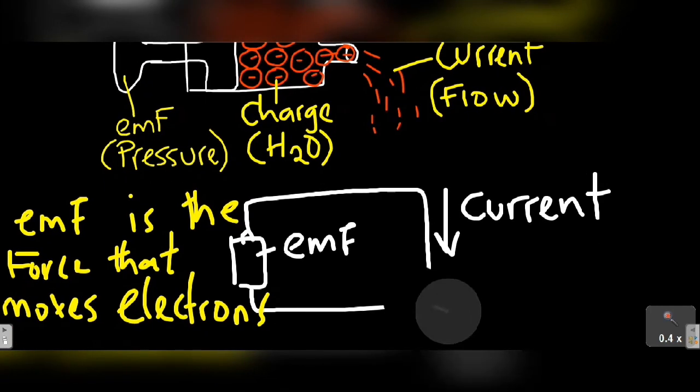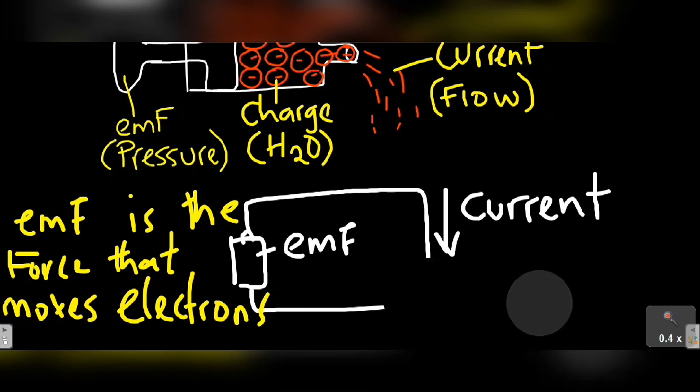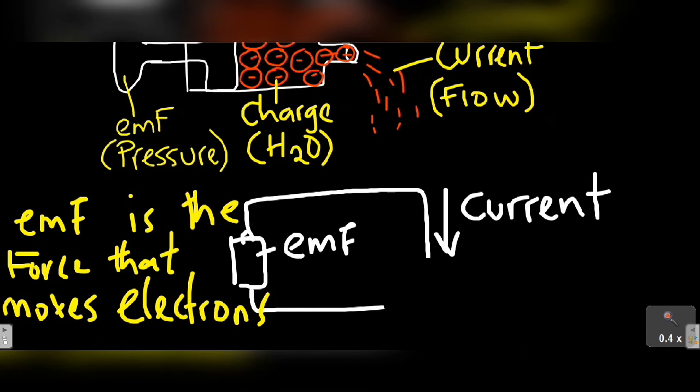If we assume that this was open here, there cannot be a current flow, contrary to what you are seeing here. Yes, there is water flowing in the syringe analogy, but we just use this analogy to explain what really happens inside the wire. Don't consider the flow, because this flow of water or the current needs to be continuous for it to be referred to as current.